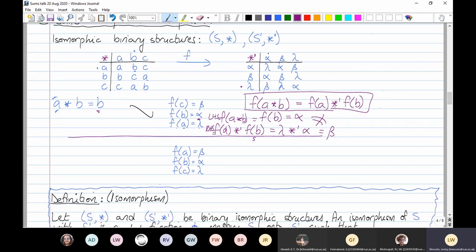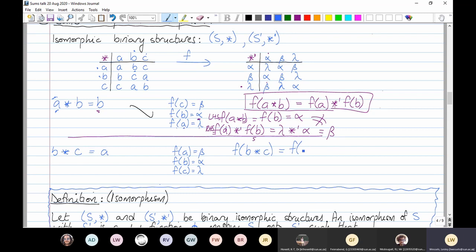So let's see if this particular mapping works. Let's choose another one: B star C is equal to A. So what is F of B star C?